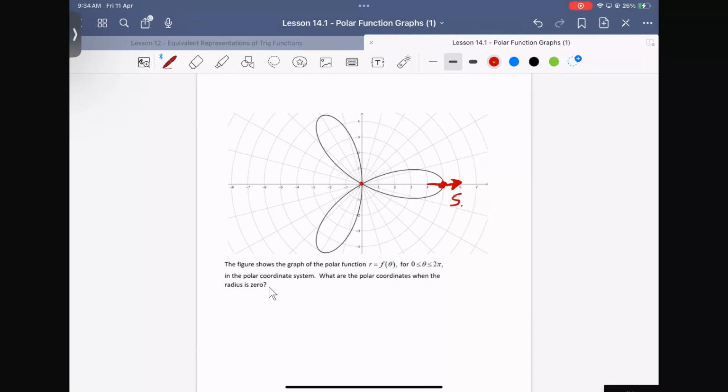We have this extreme point of 5, 0. What's theta here at this point? 0. We have another extreme point down here. What is theta here at this point?